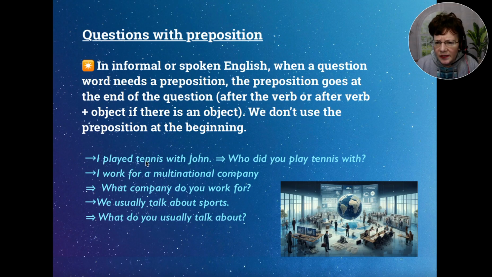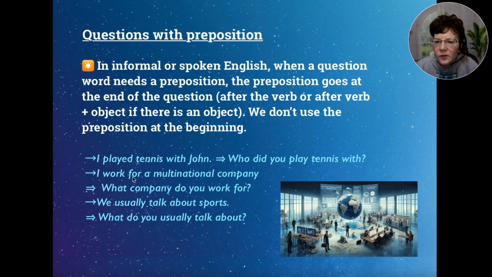I played tennis with John. So with is the preposition. The question you can ask is, who did you play tennis with? You see how with is at the end here. Then we have, I work for a multinational company. A question would be, what company do you work for? So for is the preposition.